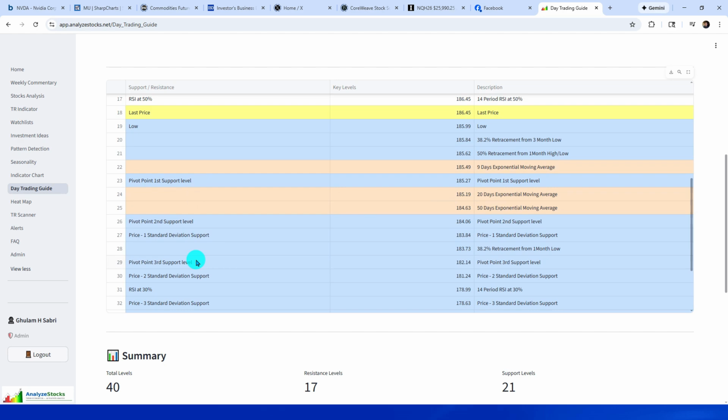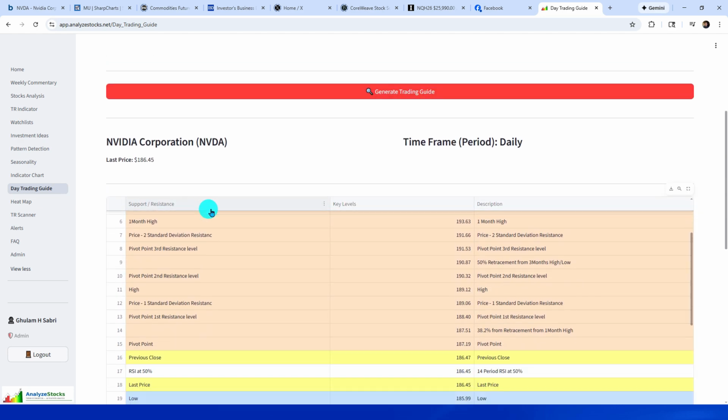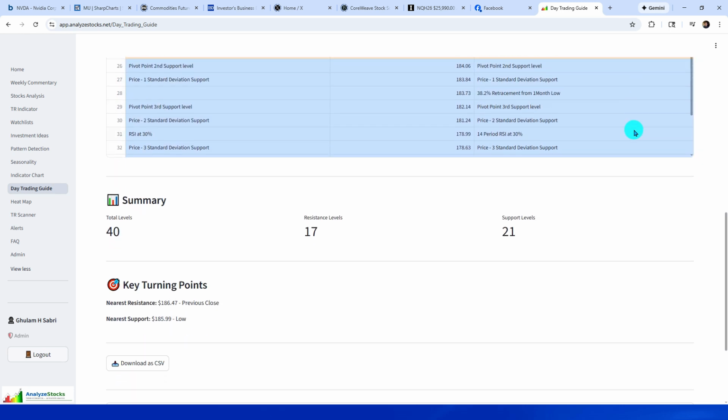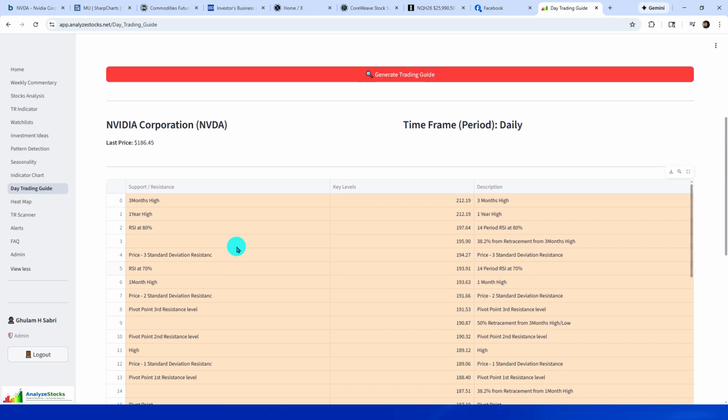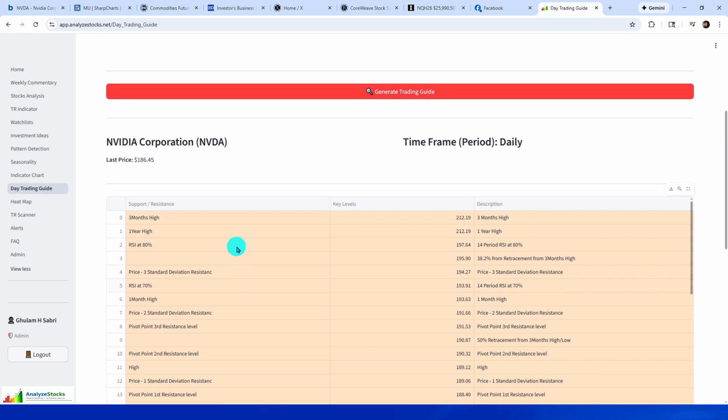Below that are support levels, and above this price level are resistance levels. In total, there are 40 levels for this particular stock. And in future we will link it with popular platforms like TradingView, so they can have these levels plotted automatically on their platforms.